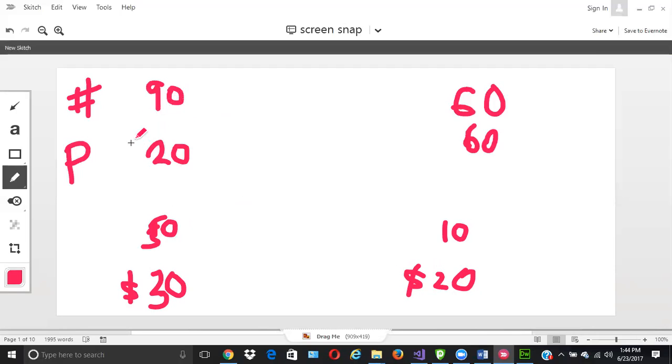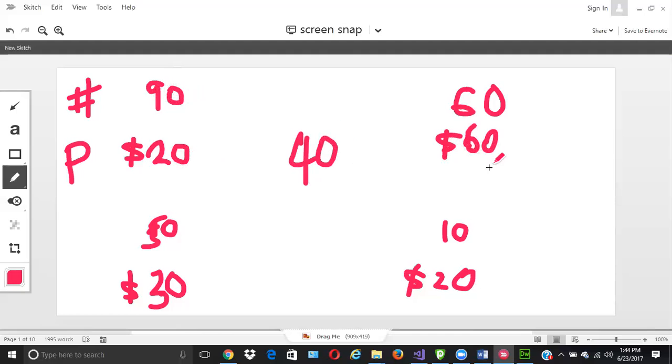We have 90 shirts at $20 each and 60 shirts at $60 each. Since we have more shirts in the first group, the price will be shifted toward that group. So if we had 60 shirts in each group, then the average price will be the average of the two prices, 20 and 60. The average would have been smack in the middle here, $40.